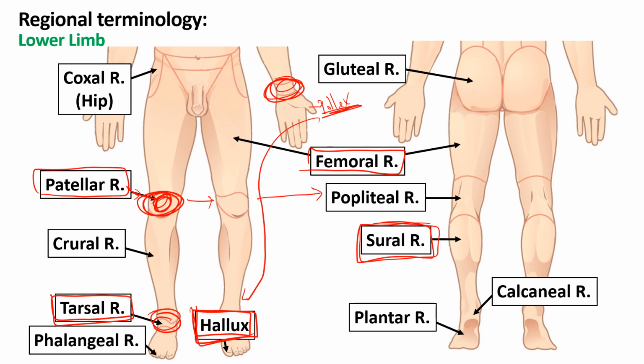And then the other ones kind of remain the same. Now the palmar region here in the hand and the plantar region here in the feet. Now we have here in the heel the calcaneal region. You guessed right, there is a bone called the calcaneal bone, so calcaneal region.